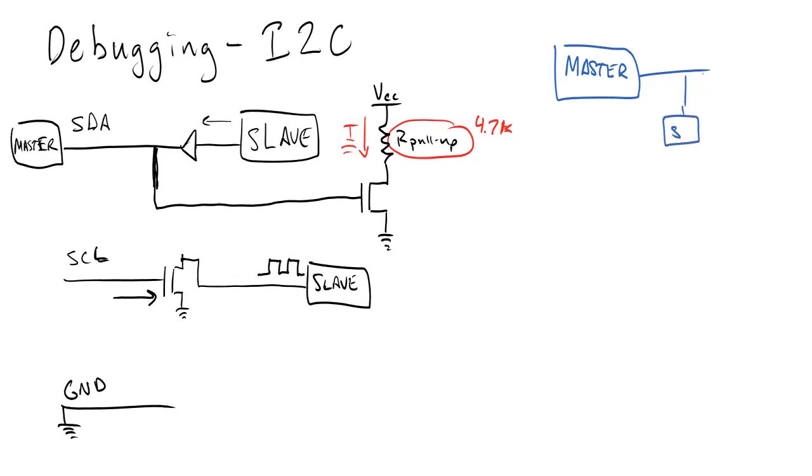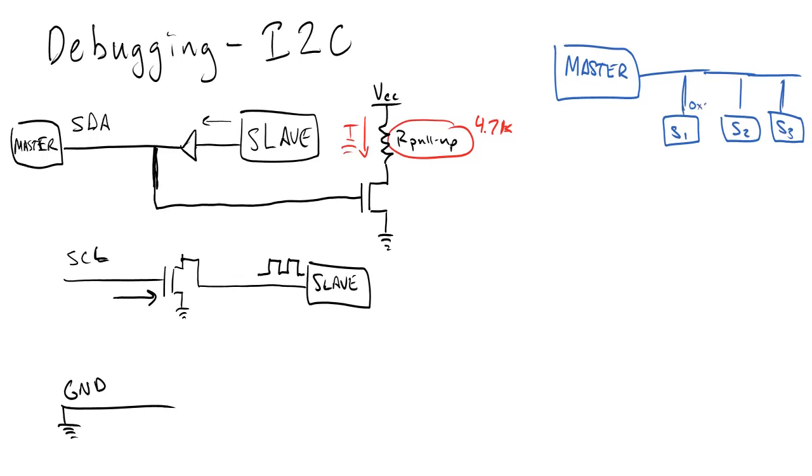S for slave: slave 1, slave 2, slave 3, and so on. This is really useful. We're able to have multiple devices on the same data bus, and we're communicating to these through an address.